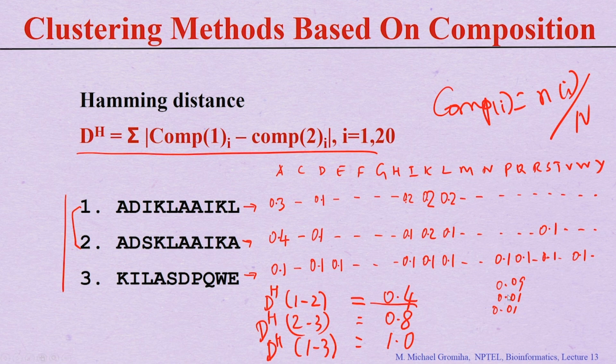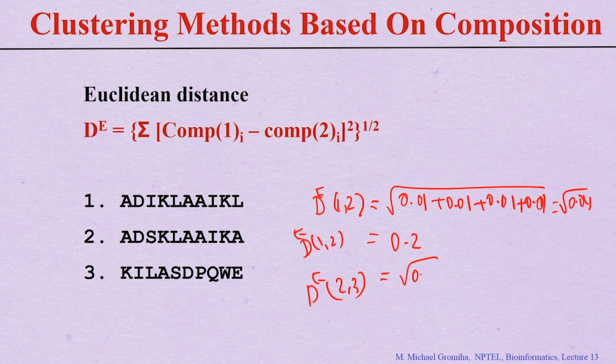So that means 0.01 into 5. That is 0.09 plus 0.05, which equals 0.14. So the root of 0.14 is 0.3-something. Likewise, d E of 1 comma 3, what is it?